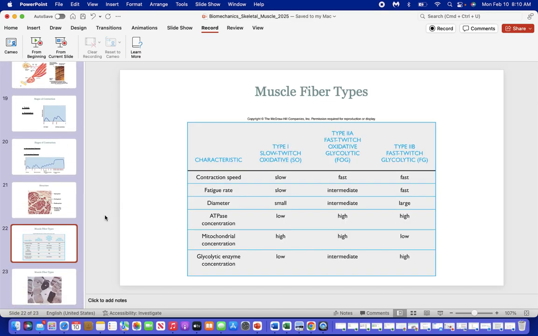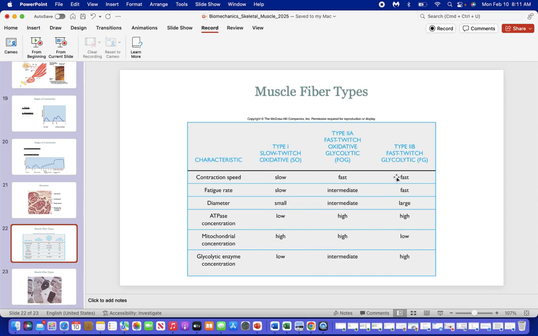This is a great comparison of slow and fast twitch fibers. So you want to look at the contraction speed, fatigue rate, and diameter. In the slow twitch, the contraction speed and the fatigue rate are both slow, and it has a small diameter.